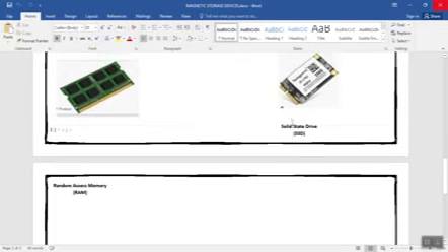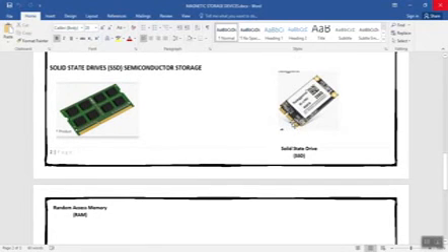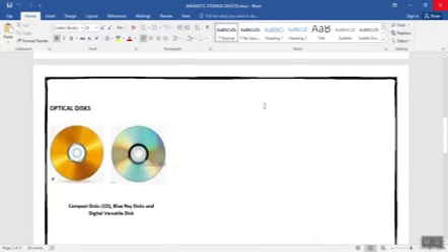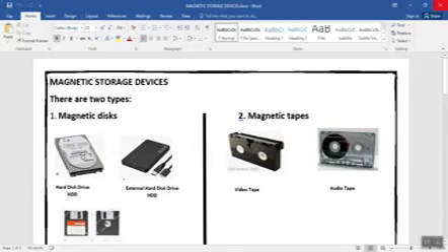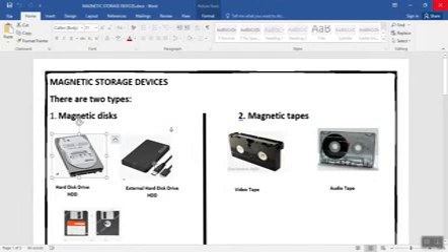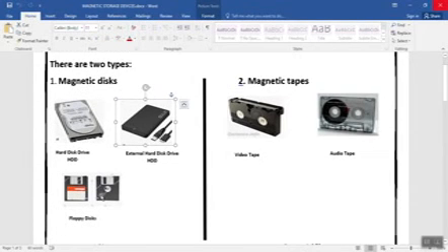They are actually faster in data access as compared to the hard disks which are in this category. The hard disks where we've got this main hard disk, we've got external hard disk, and we've got the floppy disks. The floppy disks, those disks that we were using possibly in the heyday of computers, are obsolete nowadays because we no longer use them.